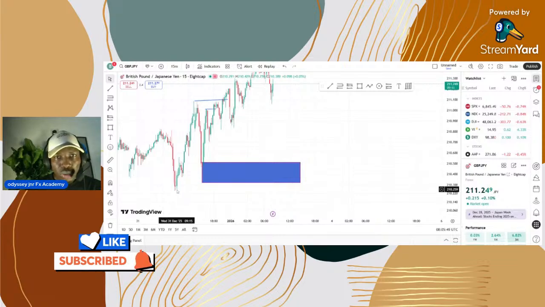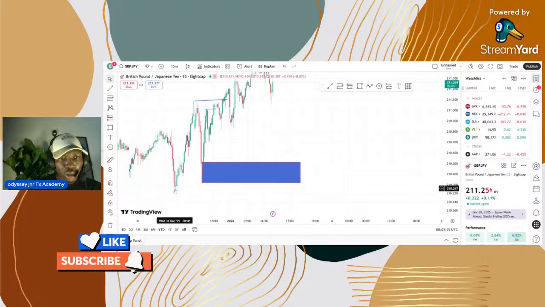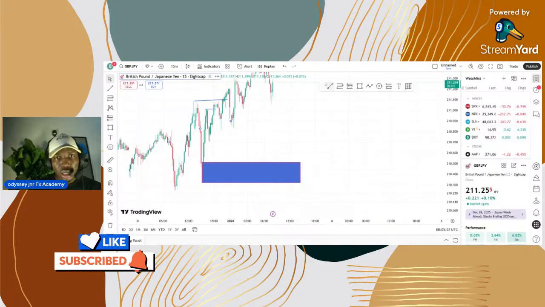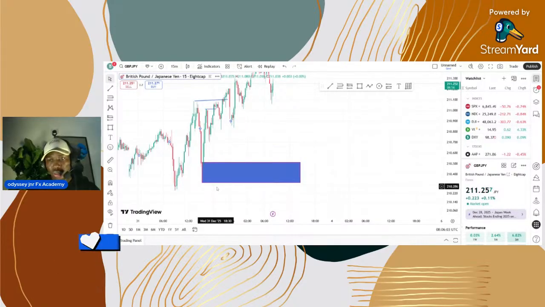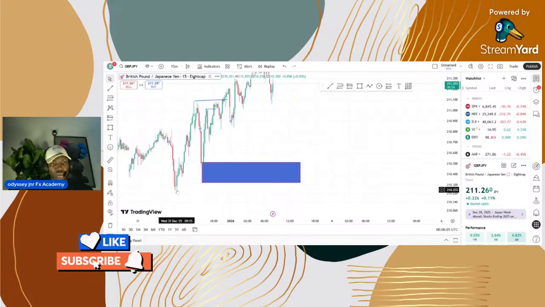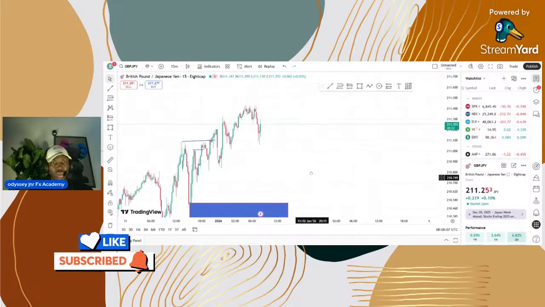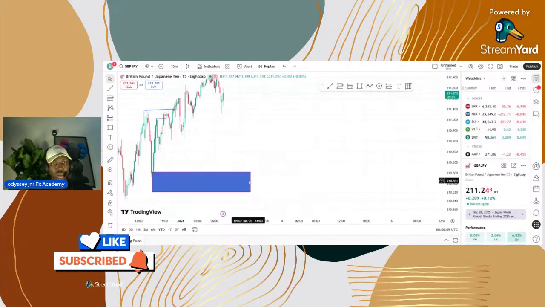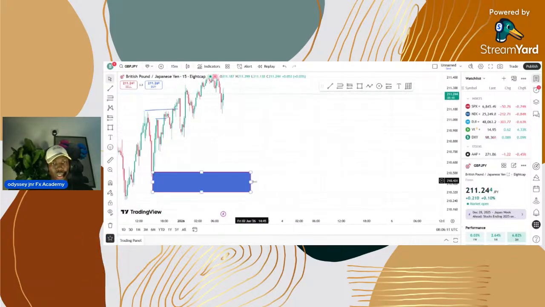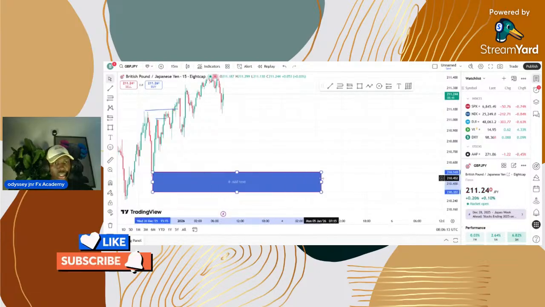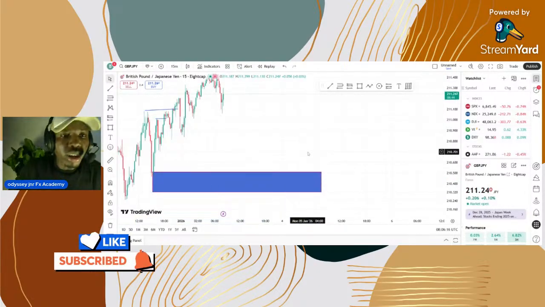Though this other block has been mitigated, since I have every confluence available on this other block, I will be going with this order block.